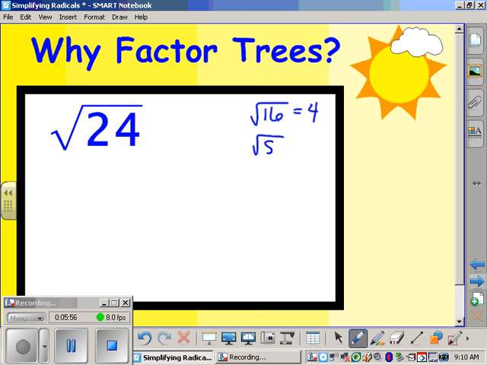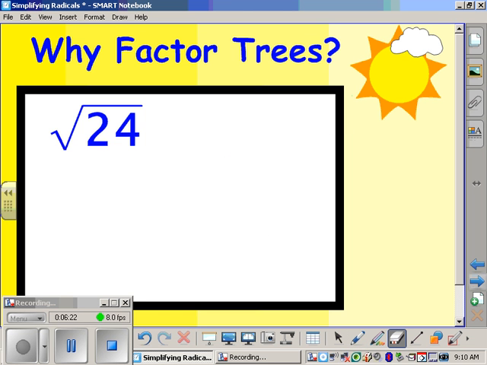If I gave you radical 8, you could find the perfect squares that surround it and estimate its value, which would be between 2 and 3. Because 8 is closer to 9, we would probably write somewhere around 2.9. That's an estimate. But now we're going to simplify radical 24, and we're not going to estimate.